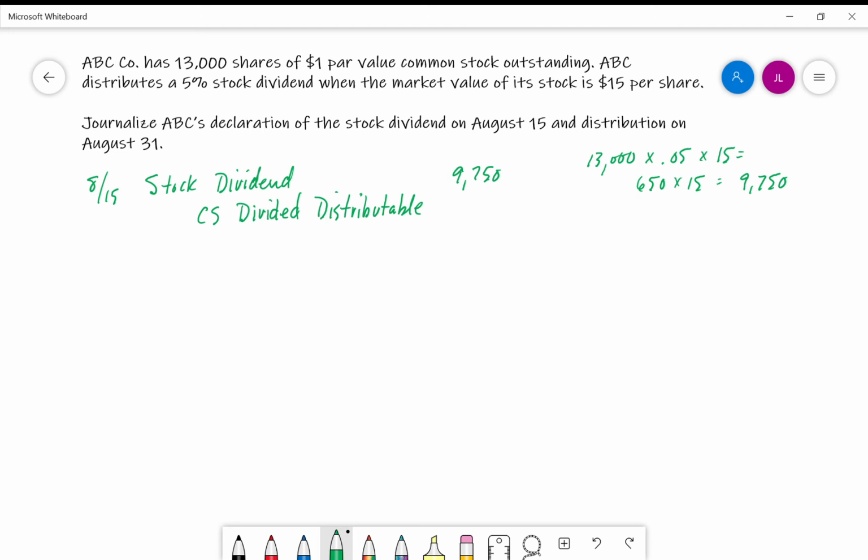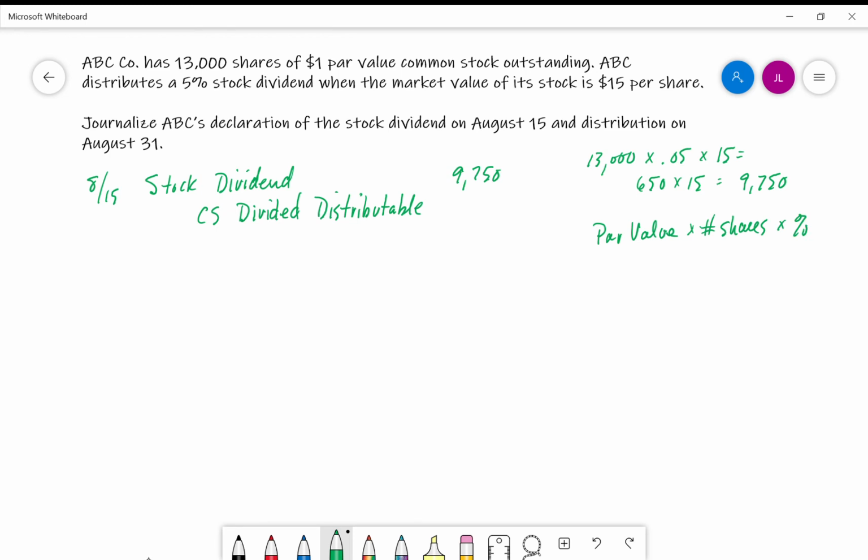So essentially, when we think about this, well, how do we value this? This isn't valued at just our 9,750. What this is essentially valued at is our par value of these stocks multiplied by the number of shares outstanding by the percentage.